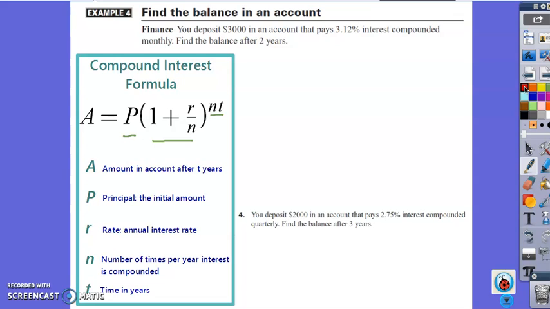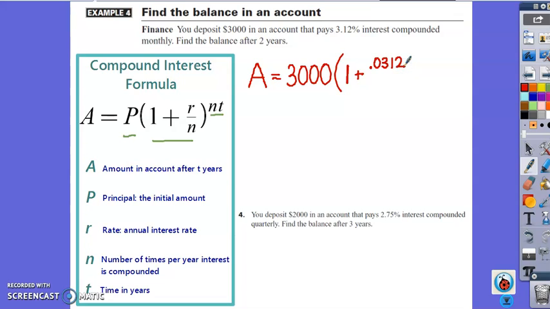We're going to find the balance after 2 years. So A is the balance after 2 years. We're starting with our initial deposit was $3,000. This 1 plus just ensures that we get to keep 100% of our $3,000 plus a little more. When you enter the interest rate, just be careful that you put that into a decimal.